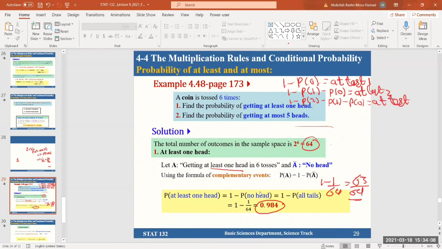But I think it's not easy to understand at least 2, at least 3. For at least 1, we are trying to explain how to understand it. But for these good questions, at least 2, at least 3, we subtract the complement actually. At least 2, from here we start, right?